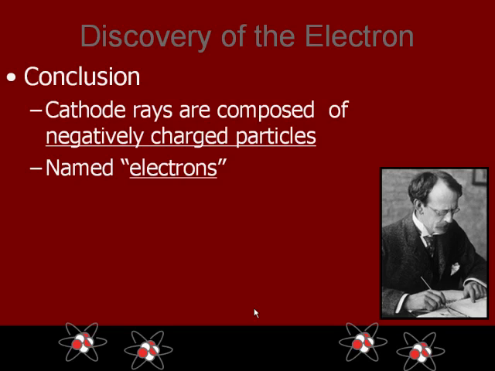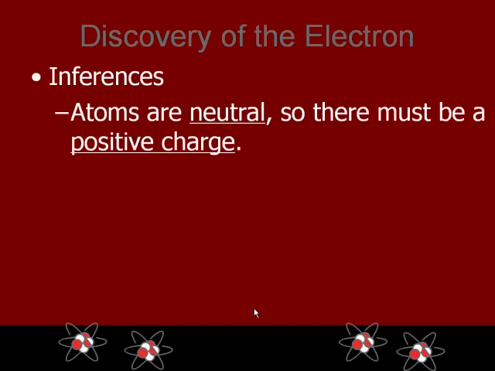Based upon his observations and conclusions, he made some inferences about the atom. He says that atoms are neutral, so there must be a positive charge, so that everything equals out. The amount of positive and negative charge would be equal to each other.